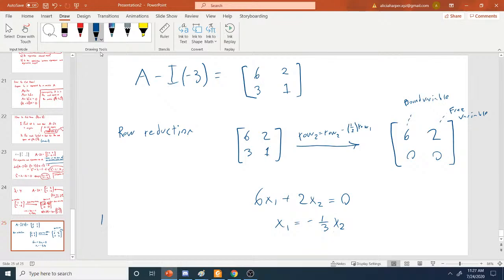So the null space of A minus I times negative 3 is the span of the vector negative 1/2, 1. And so now we have found eigenvectors for the eigenvalue negative 3.